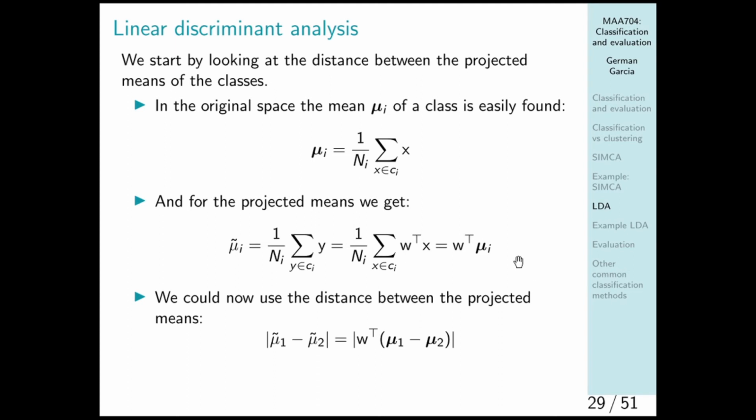And now we can use this to describe the distance between the projected means. The distance between the projected means of two classes is W transpose times mu1 minus W transpose times mu2. So calculating this distance between projected means is a really simple task.